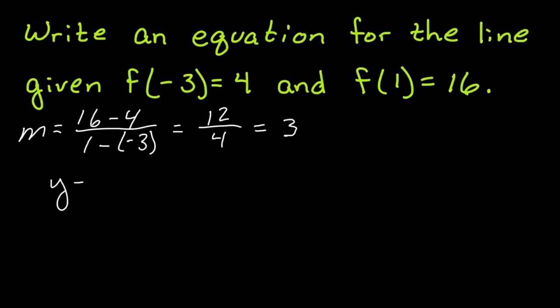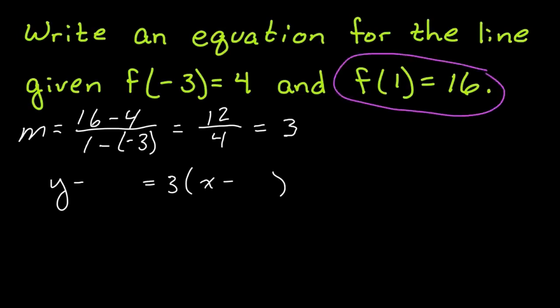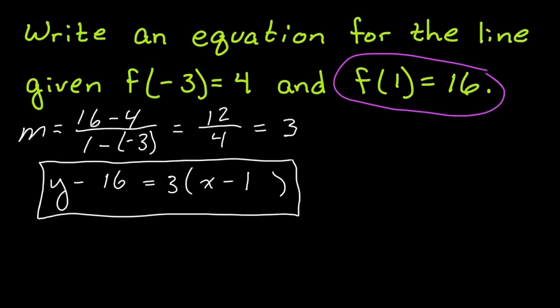So now that gives us 3 for a slope, and we just pick one of our 2 points to substitute in. So the y value here is 16. That goes in for the y1, and the x value is 1, so that goes in for the x1. So that would be your point-slope equation of your line.